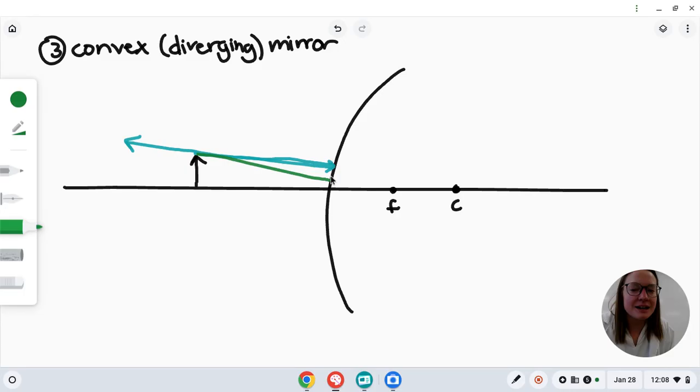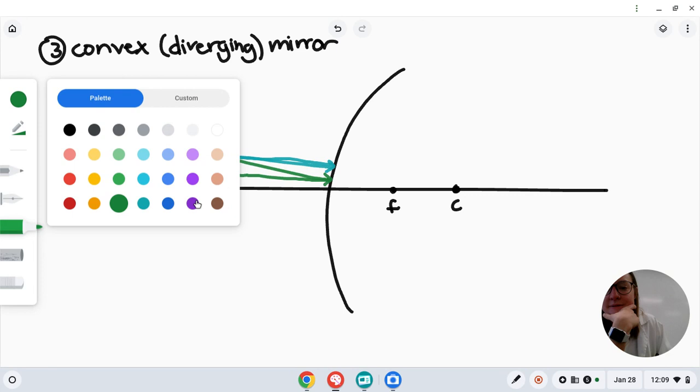Then, my third golden rule of optics is that a light ray that is parallel to the optical axis will reflect back through F. Now, here's the issue. I'm going to start parallel to the optical axis, but it can't reflect back through F because F is all the way over here.